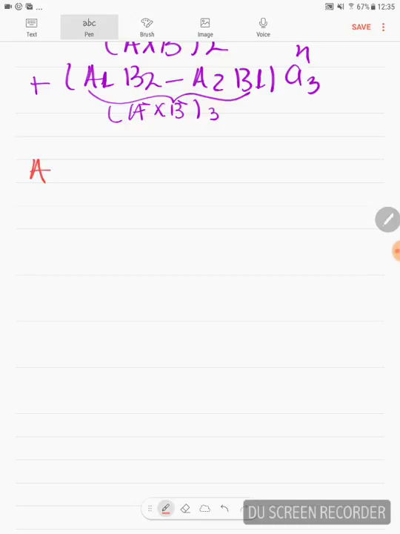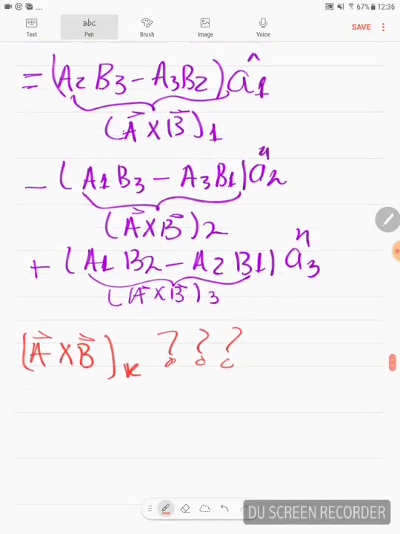We want to write A cross B, but we want to know its ith component, the ith component of this vector, let's say, or the kth component. Let's say component k. So the big question is, what is this? Now we know what component 1, component 2, and all of those are from here.